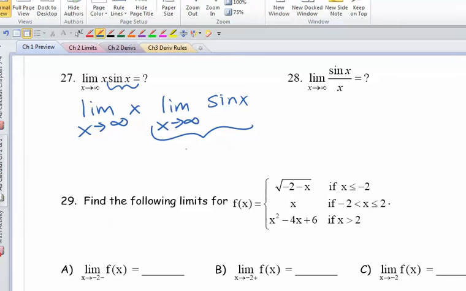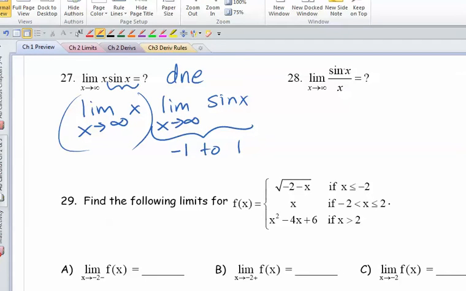This term is always ranging, it oscillates from -1 to +1, and this term becomes huge. So what happens as we take a very huge number and multiply it by a positive or negative fraction? Is it ever going to get closer and closer to any specific value? I would say not. So our limit does not exist here.